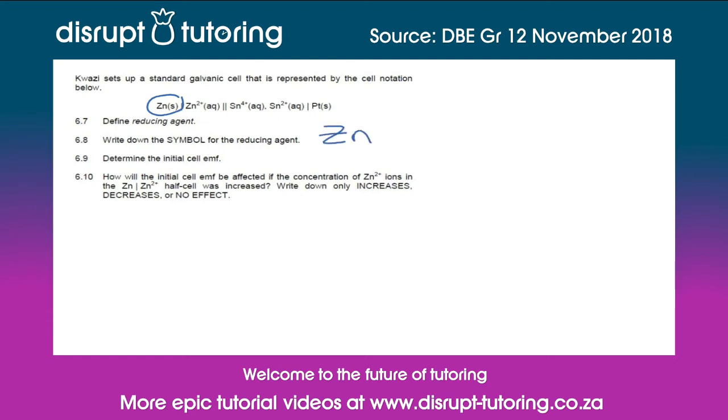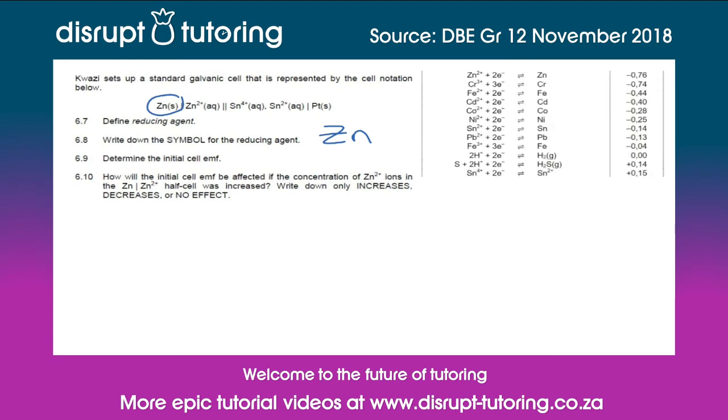The next question asks us to determine the initial cell EMF. So this is found on the table of standard reduction potentials once again, and using this equation, so the potential of the cell is equal to the potential of the cathode minus the potential at the anode.